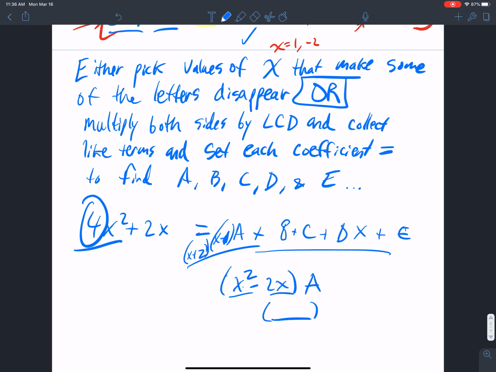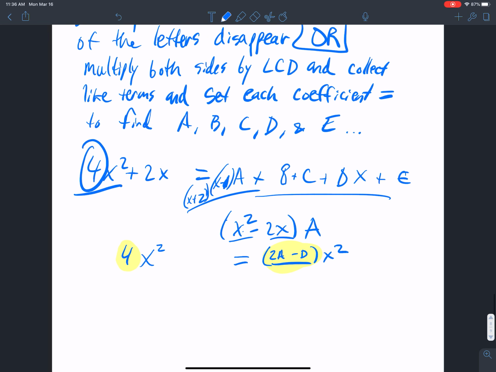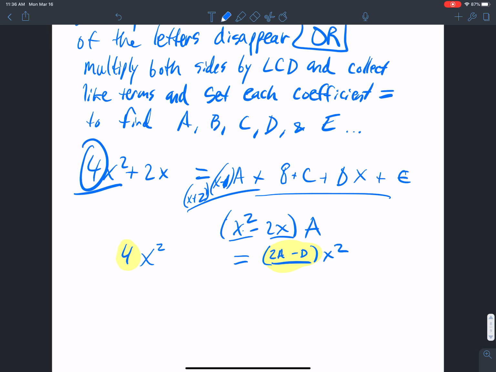Maybe it's like 2a minus d x squared over here. So I would set the 4 equal to whatever's in that parentheses here, because the coefficients on one side have to match the coefficients on the other side. Okay? So if I had cube terms, there's no cube terms, there's no constant, so the constant would have to be 0, things like that.